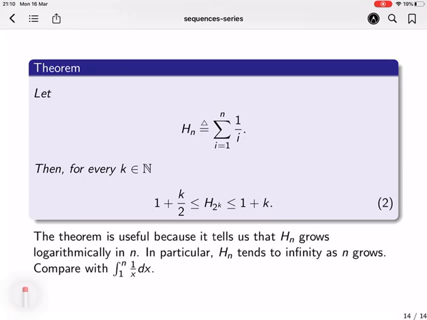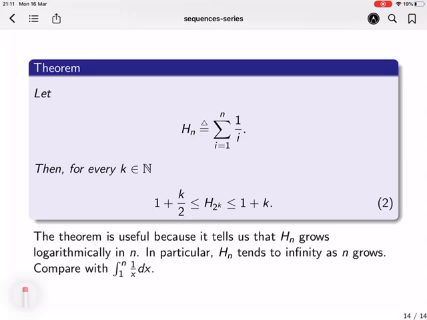Here, notice that the difference between the upper bound and the lower bound is just k over 2. Okay? Now, why is this theorem interesting? It might remind you of looking at the integral of 1 over x from 1 to n, and indeed there is a similarity between these two things. The reason we're interested in it is we want to show that, first of all, h of n tends to infinity as n tends to infinity, and you get this from the lower bound because the lower bound tends to infinity as k tends to infinity.